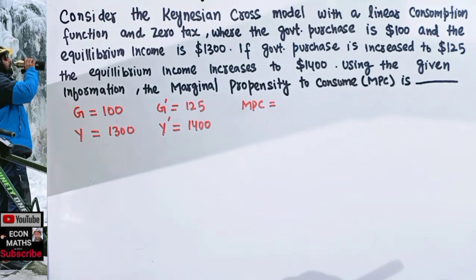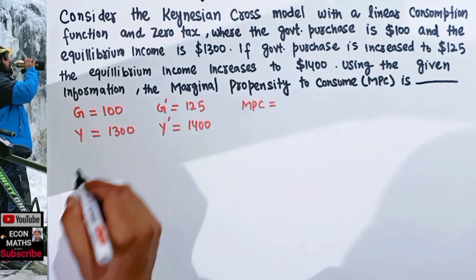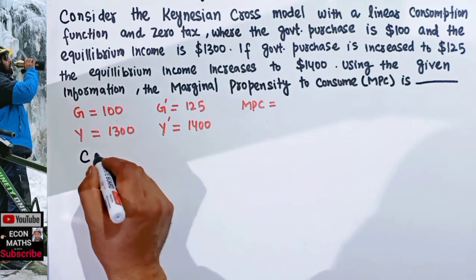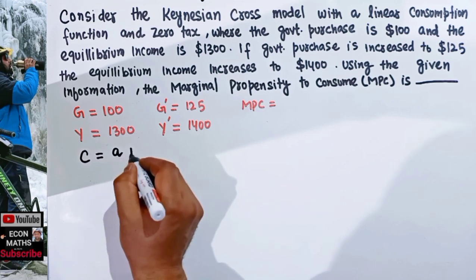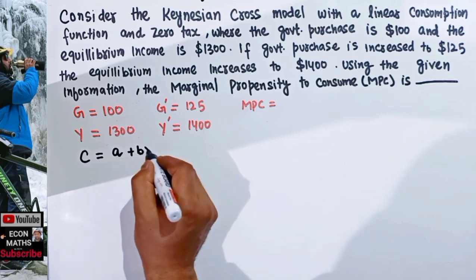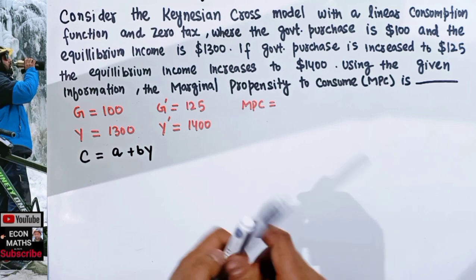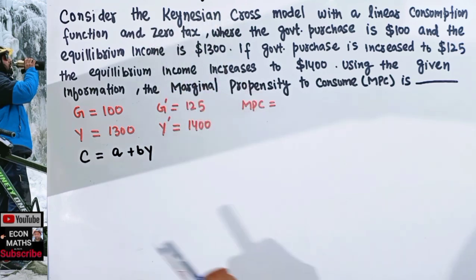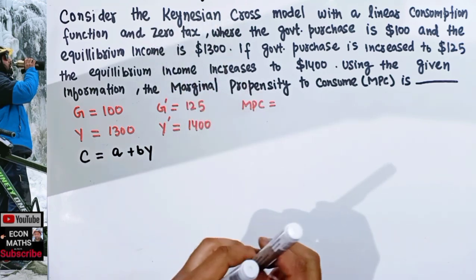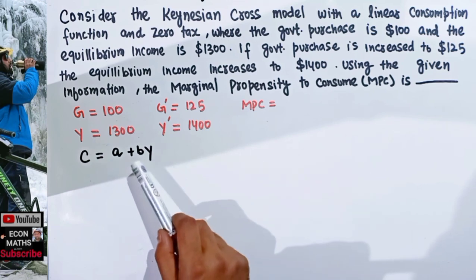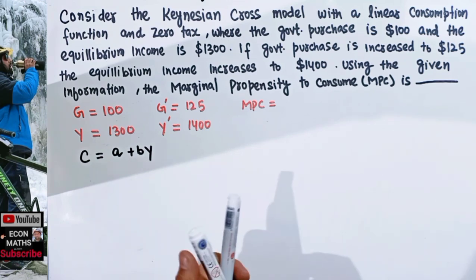Okay, we are being given a linear consumption function, that is C is equal to A plus BY, and we have zero tax here. We need to find out the value of this B. So we have two things here.